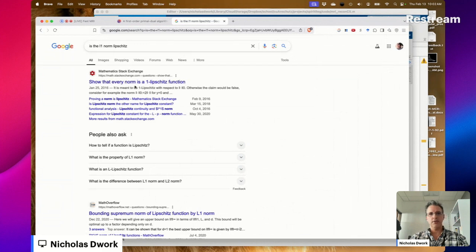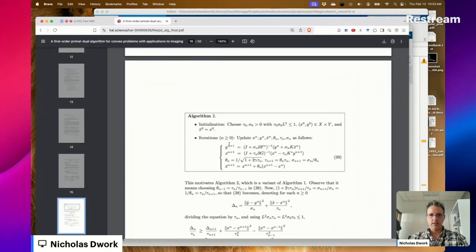Show that every L norm is a 1-Lipschitz function, right? So we have Lipschitz. What happens if we do this when we have Lipschitz, but we don't have uniform convexity? I'll bet you we don't get 1 over k squared convergence. That would be my guess.